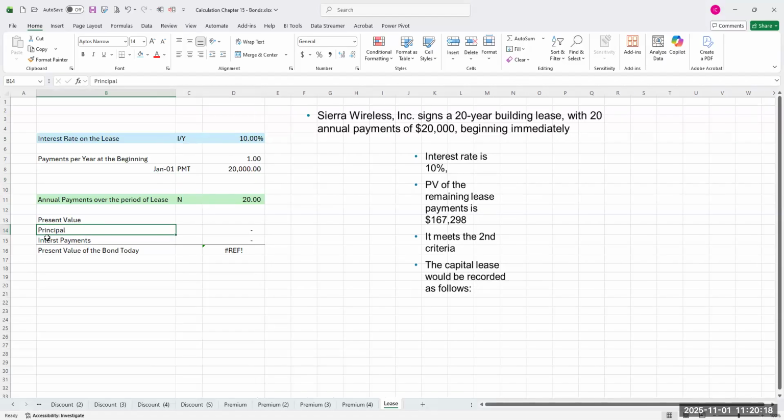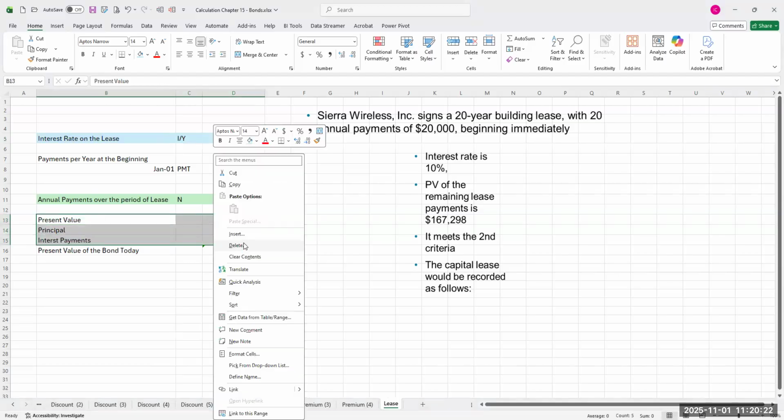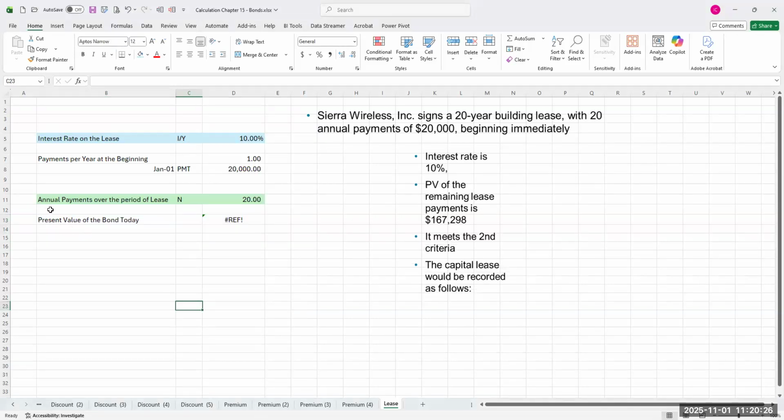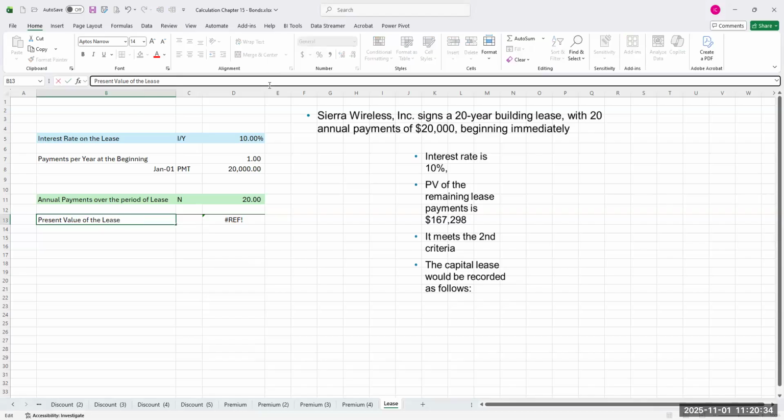As you can see, it's very simple compared to the previous one. Delete, we're going to move those up. So what we need is to get the present value of the lease obligation, the value of the lease liability.